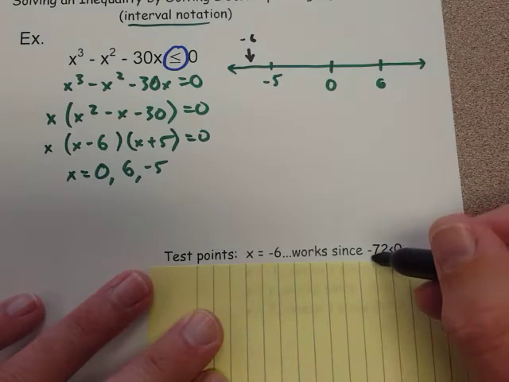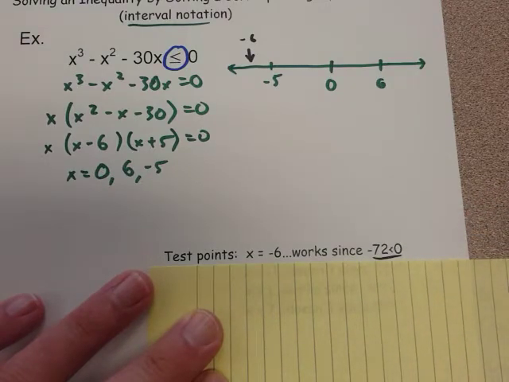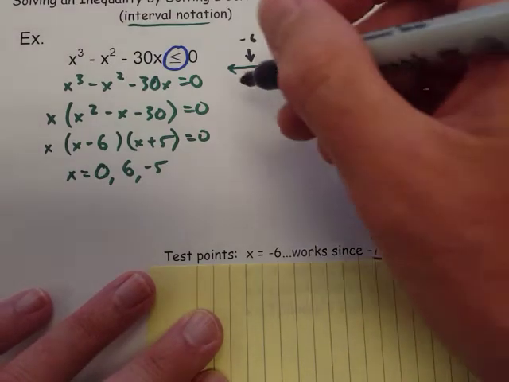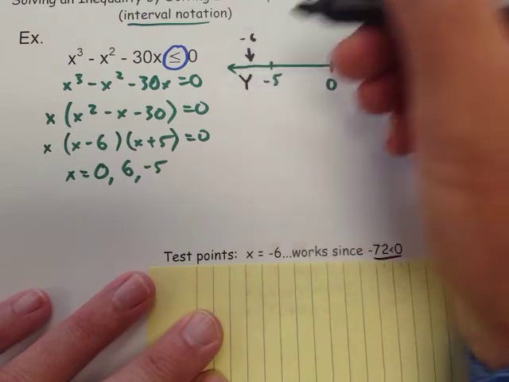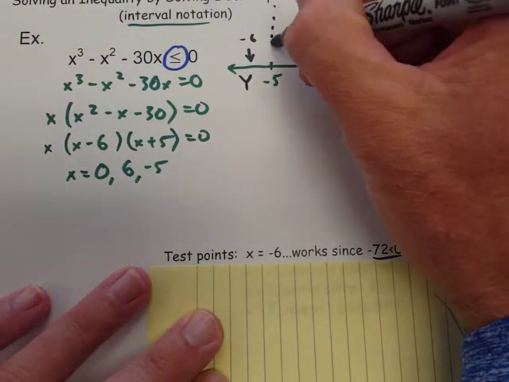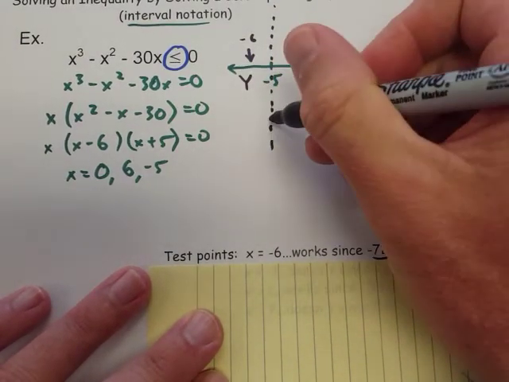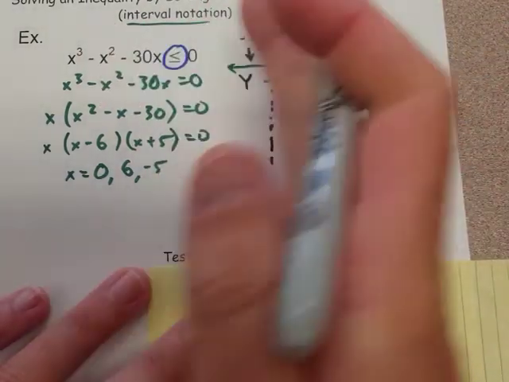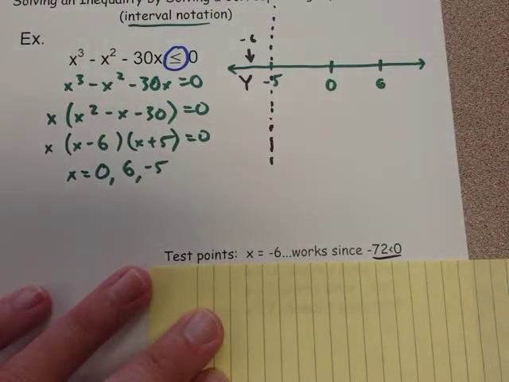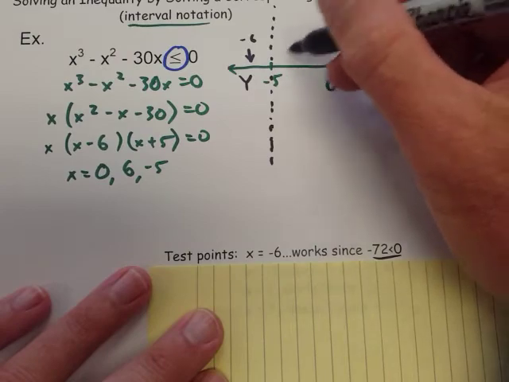And so I have the statement negative 72 is less than 0. Is that true, is what we have to ask ourselves. And since that is true, I'm going to mark this interval with a yes. And I'm just going to section it off with a dotted line so we know that that stuff is a yes.